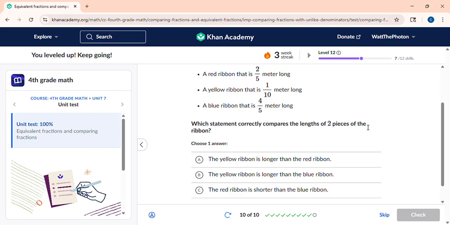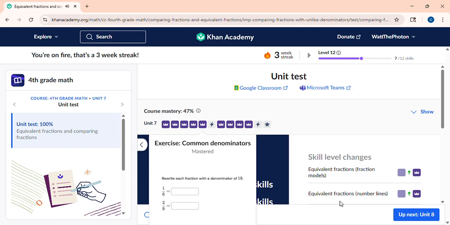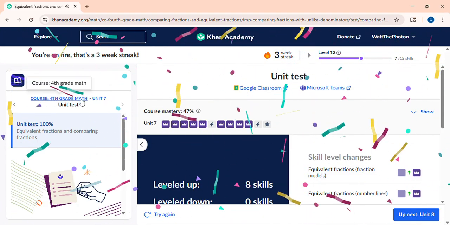Was it different numbers? 2 pieces of ribbon. The yellow ribbon isn't longer than anything else. The red ribbon is shorter than the blue ribbon. Yay! We did it. Hooray!